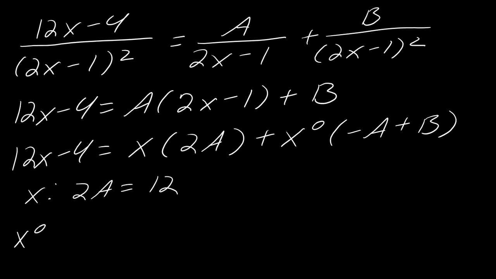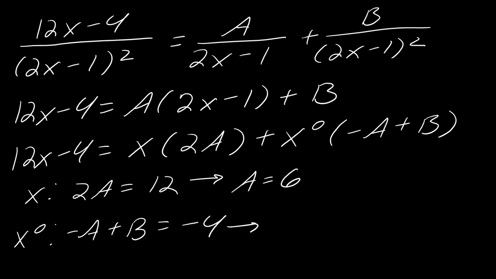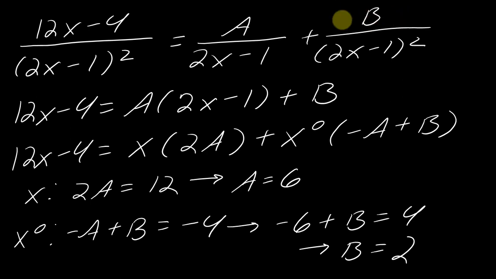And for my constants, I'll have negative A plus B equals negative 4. The good news is it's super easy to solve for A: A equals 6. Then this becomes negative 6 plus B equals negative 4, so that means B is going to equal 2. Now I can replace these two partial fractions and we can go ahead and integrate.